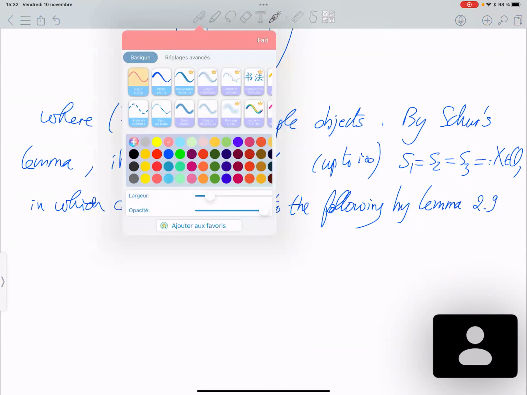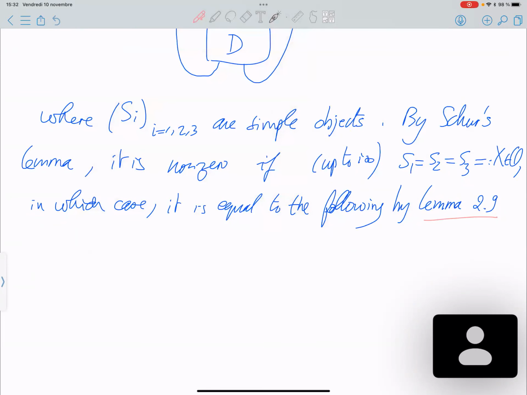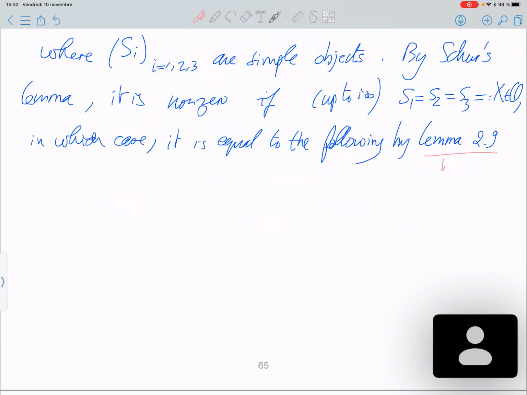Anyway, recall this lemma: if you have something like that, with X simple, this is equal to dimension X inverse, trace of alpha, times identity of X.